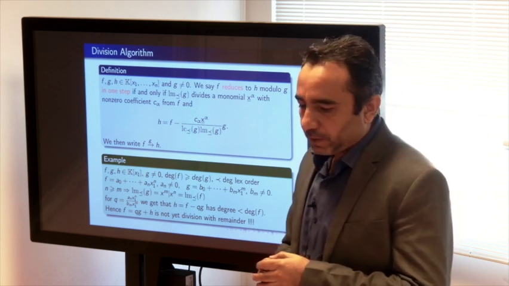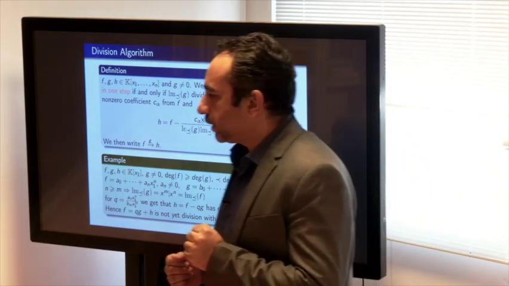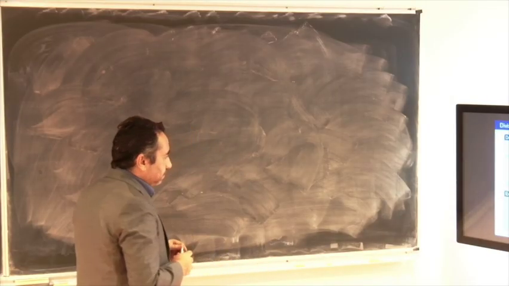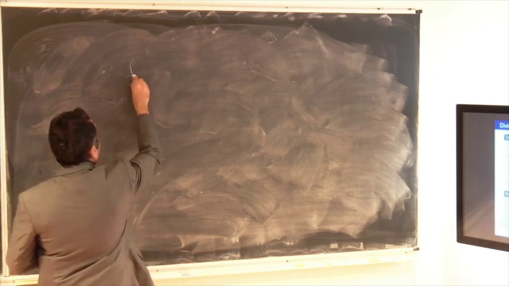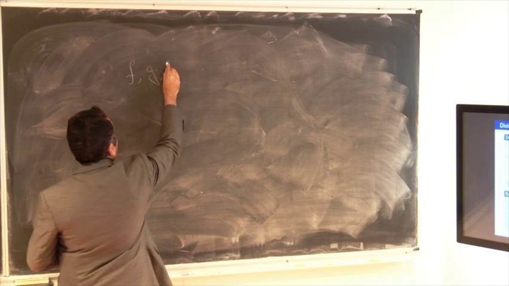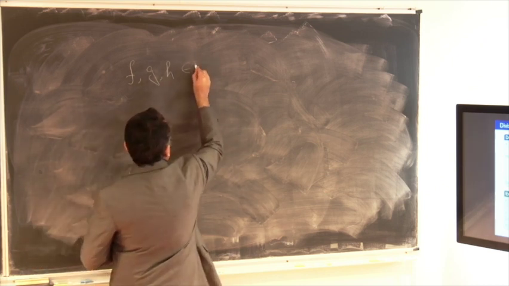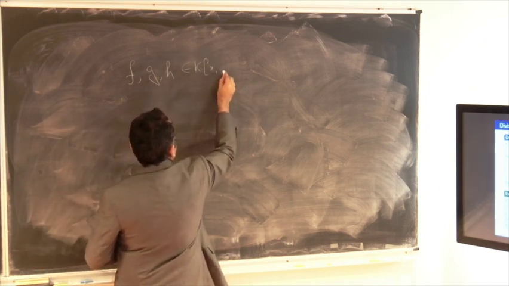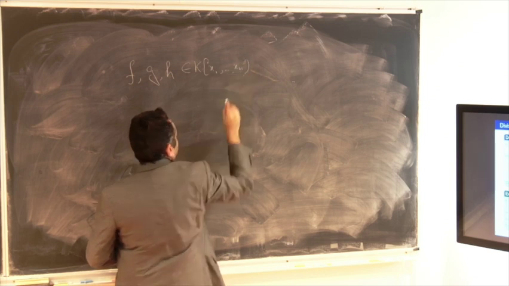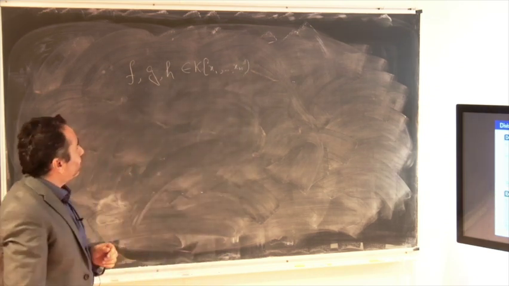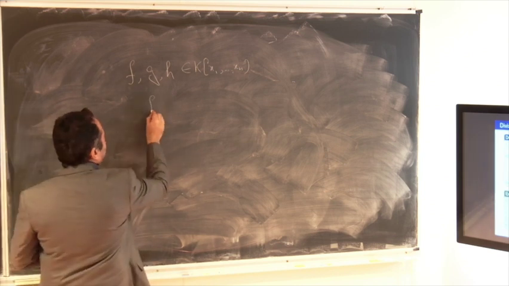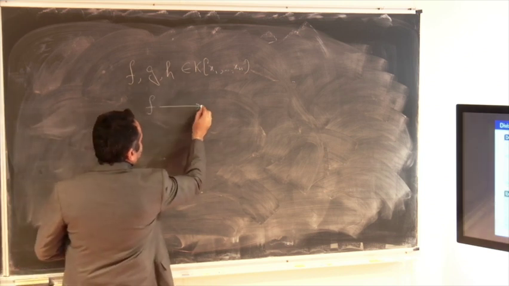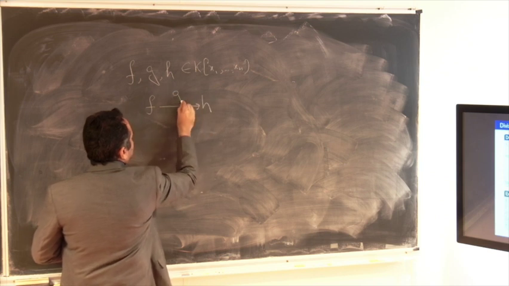Let me explain this a little. We have three polynomials f, g and h in k[x1, ..., xn], and we are going to reduce f to h using g in one step.